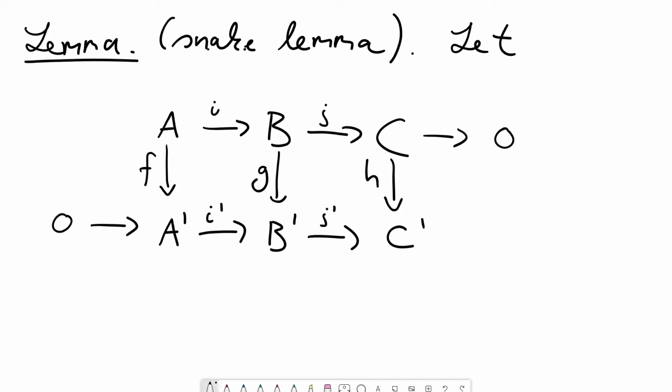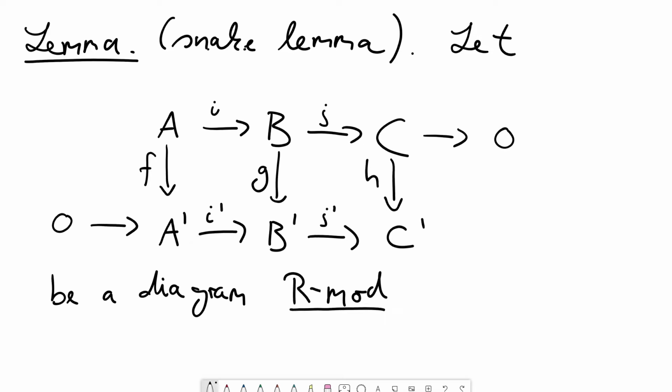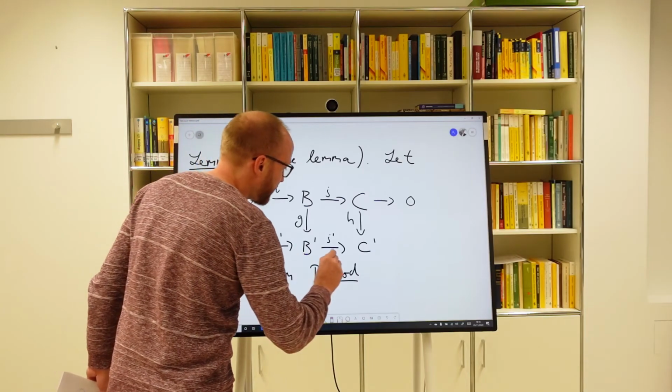So let this be a diagram in the category R mod of R modules, where as usual R denotes a commutative ring. And we require that in this diagram, the rows, so the horizontal parts of the diagram, are actually exact.